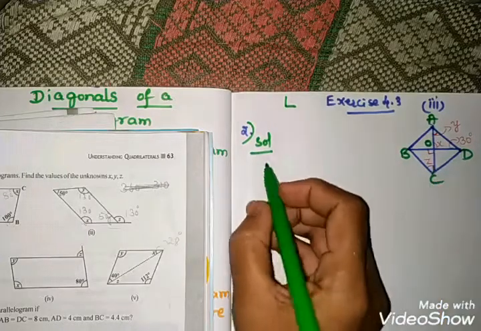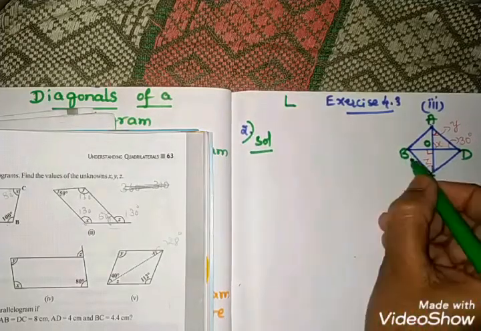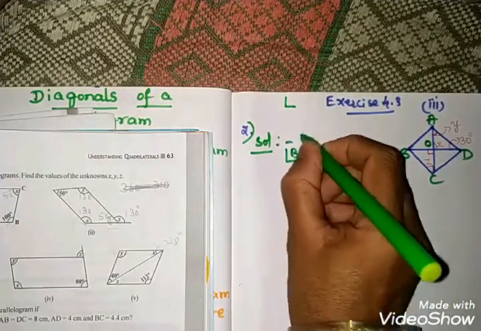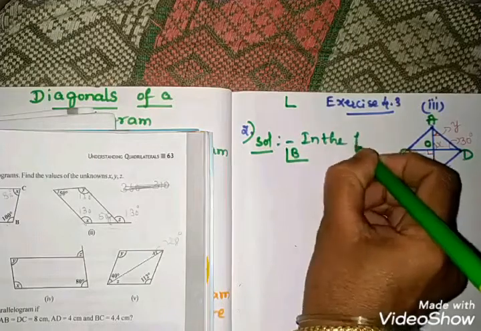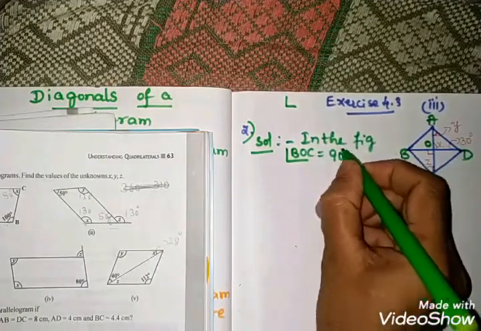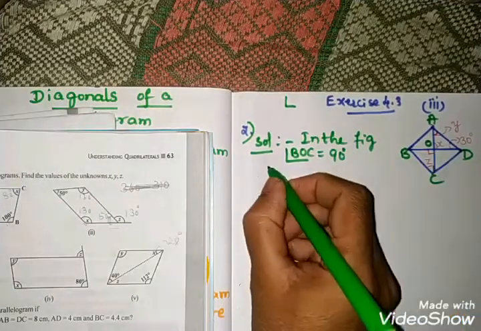See, children, in the figure, angle BOC is equal to 90 degree, correct? BOC is equal to 90 degree.